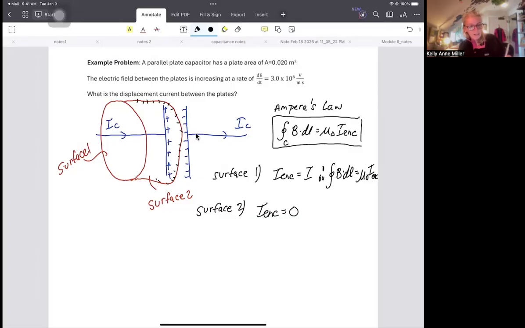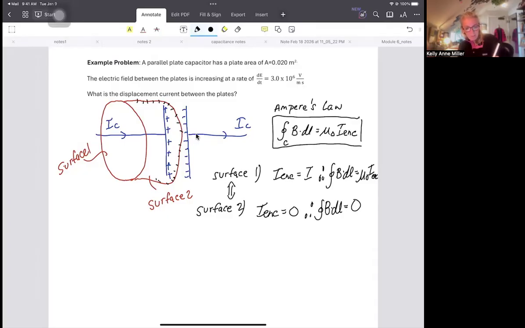There's no current going through here, because remember there's no real current between the plates. So that would say that B dot dl would equal zero.